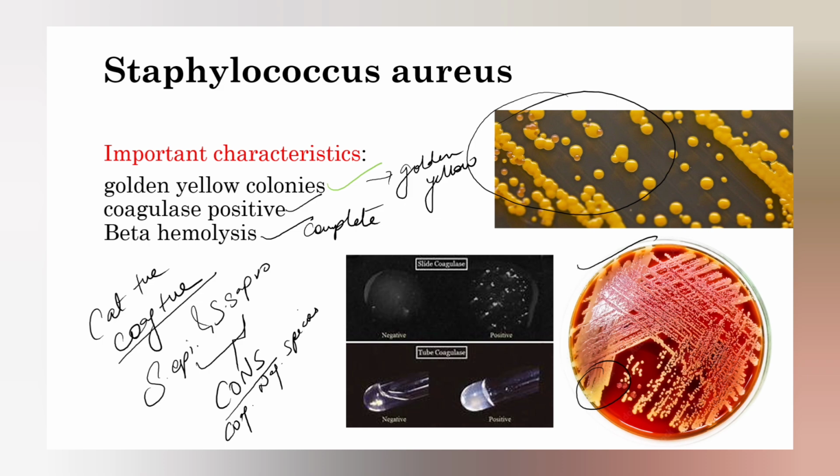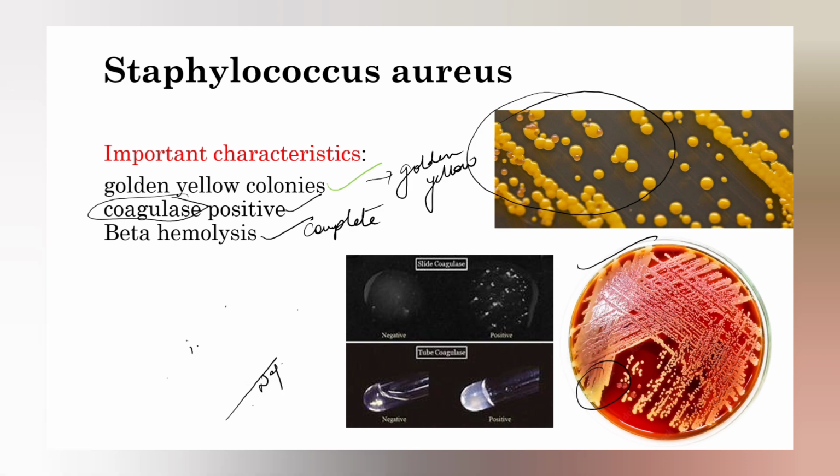Now, let's talk about coagulase. What is coagulase? Coagulase is basically an enzyme produced by the bacteria Staphylococcus aureus. This enzyme helps bacteria to form a clot, thereby converting fibrinogen into fibrin.